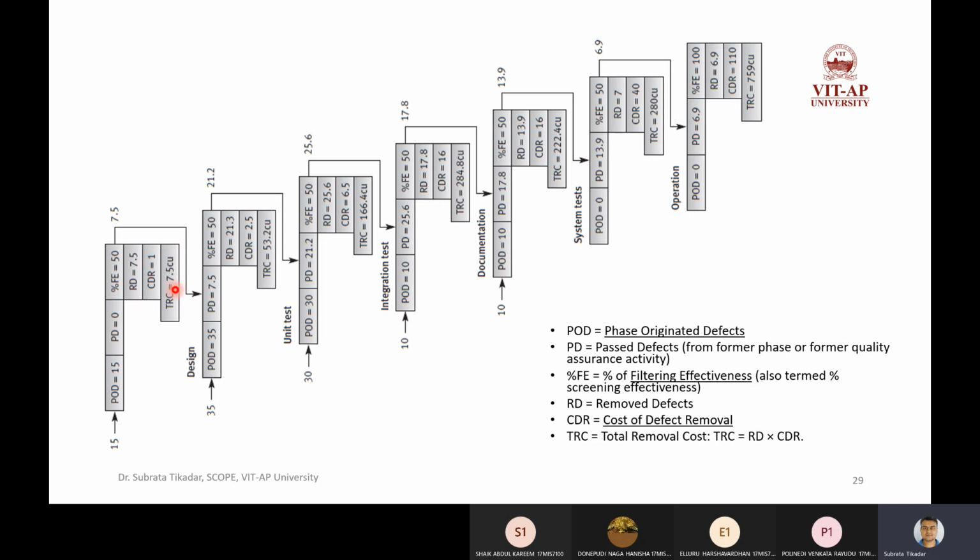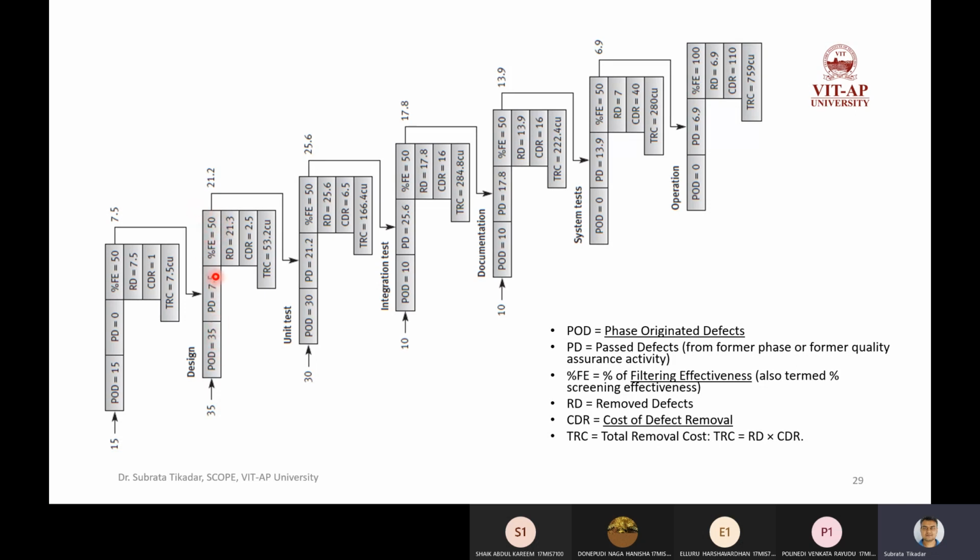for this particular phase. Then in the design phase, we have seen that 7.5 has been carried forward, and in this phase 35 defects are generated. So the total number of defects will be 35 plus 7.5, and the filter effectiveness is 50%.